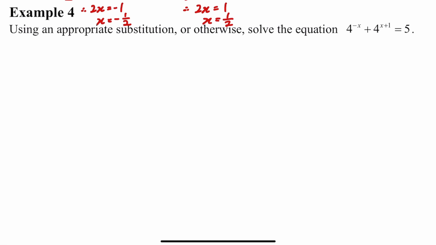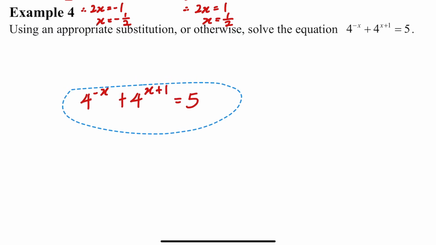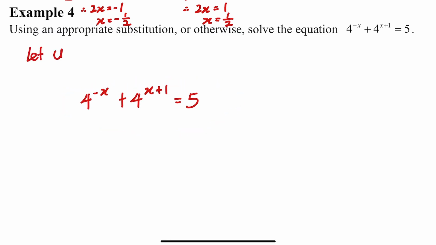Okay, so for this question here, 4 power negative x plus 4 power x plus 1 equals 5. The appropriate substitution is simply let u, well, I'll write this at the top, I'll let u be equal to 4 power x. So from here, we will find a way to manipulate this equation such that I can extract out a 4 power x.